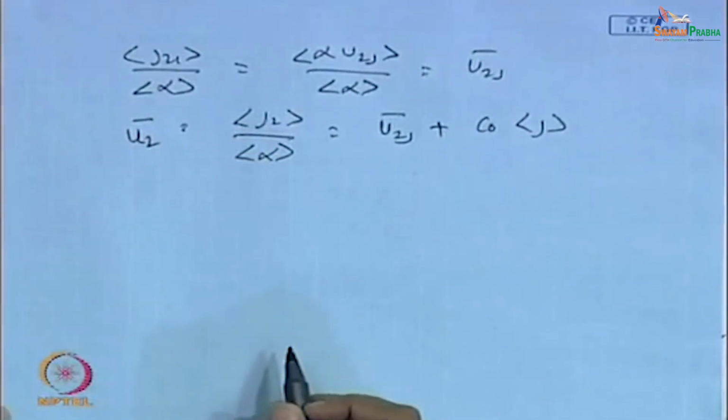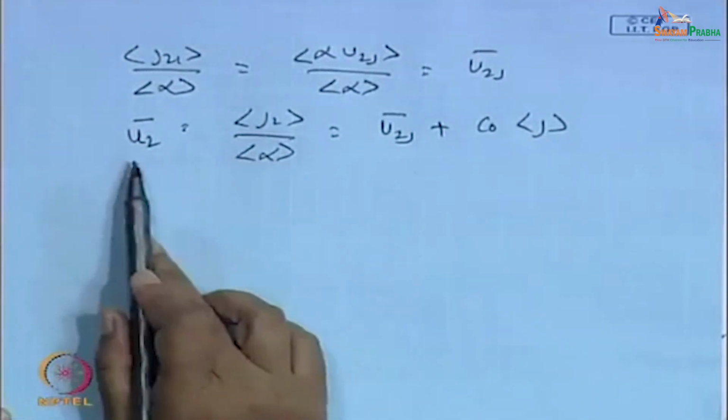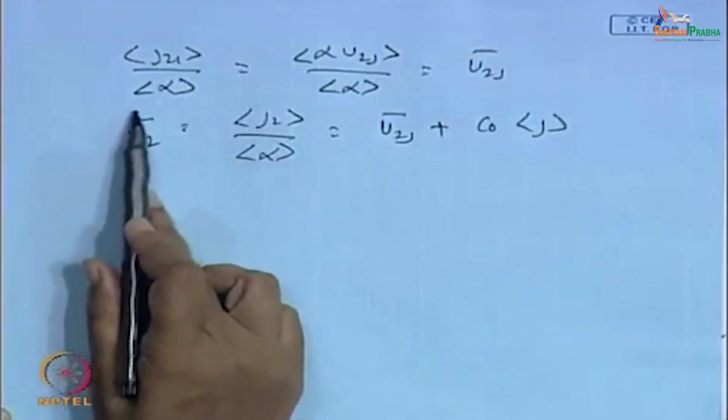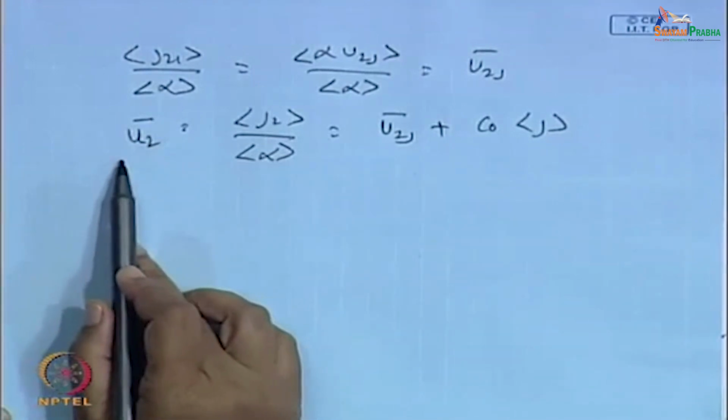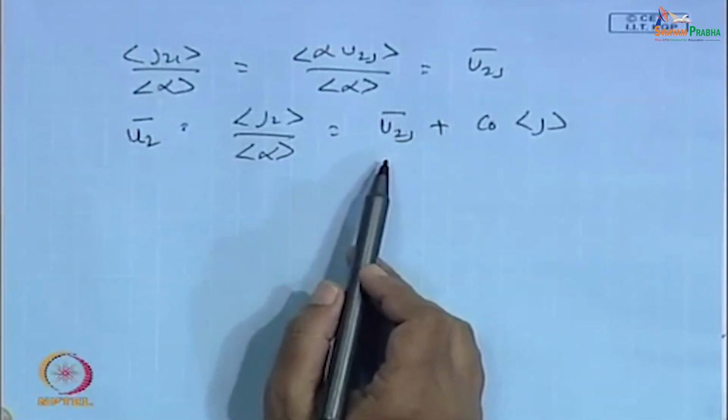In this particular way also we can write down the equation in terms of two weighted mean average values, the weighted mean average value of the velocity of phase 2 and the weighted mean average value of the drift velocity.